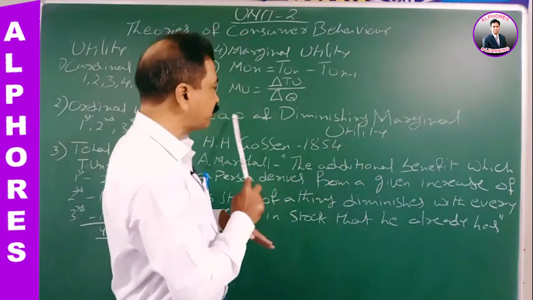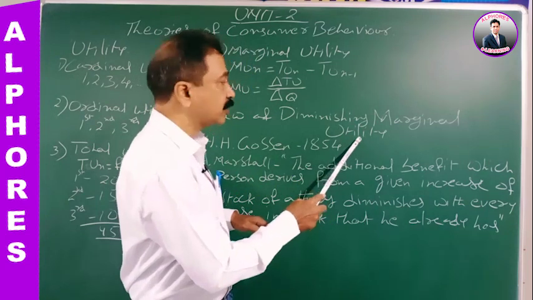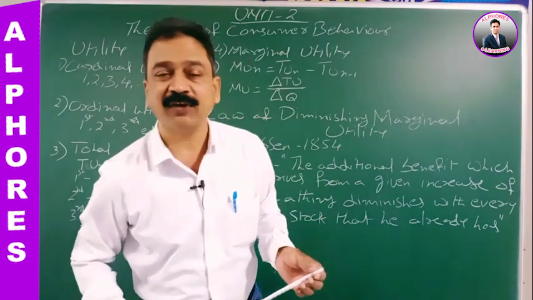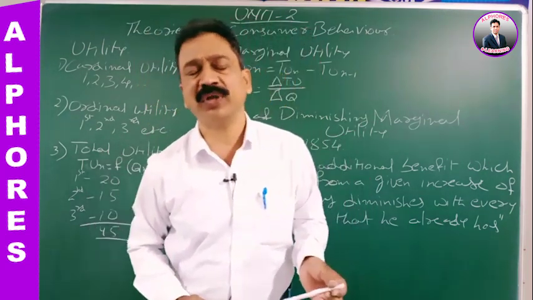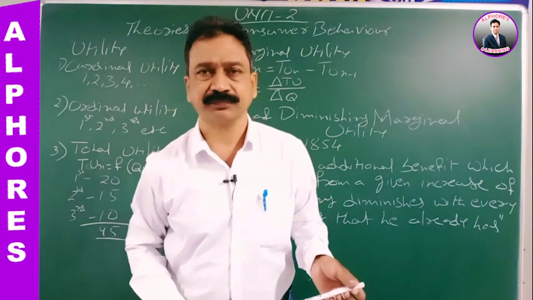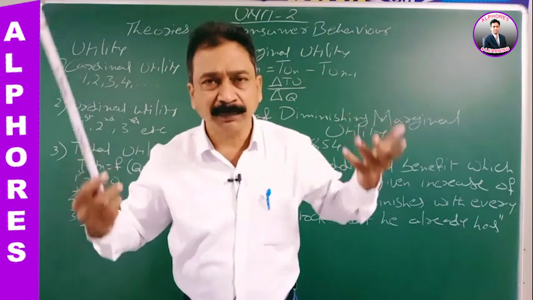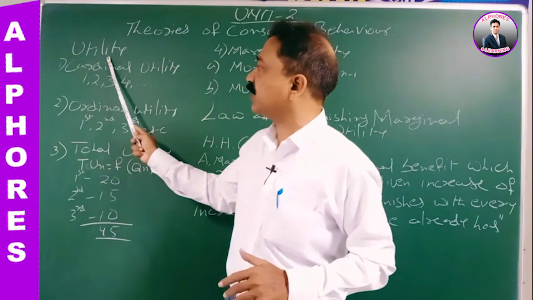So we are not starting from the beginning, but from the last word, utility, which plays a vital role in our economics, in the total economy itself. So first we will see what is utility.